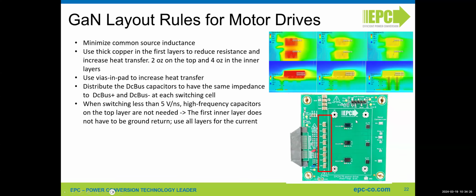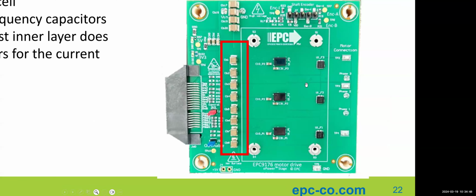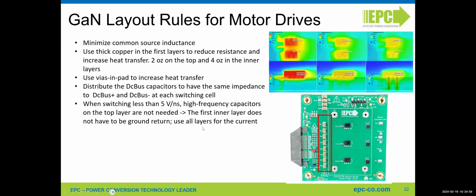But there's no high frequency decoupling of the switching power loop, and this is really helping in a motor drive because the switching waveforms are very smooth, so we can reserve all the copper we need for the DC bus. So this is DC bus plus, this is DC bus minus, and the copper here is for the phase. So it's really important to use the layers for current and heat transfer.